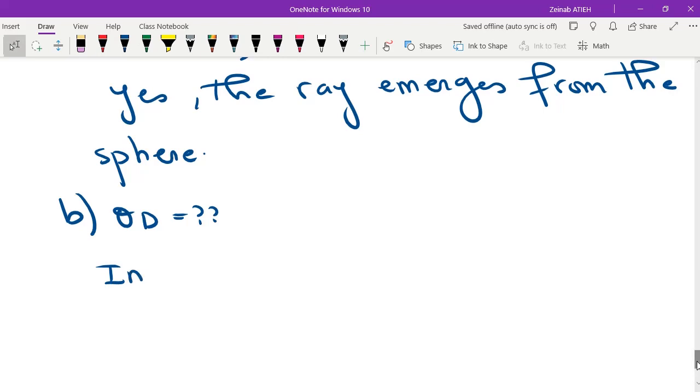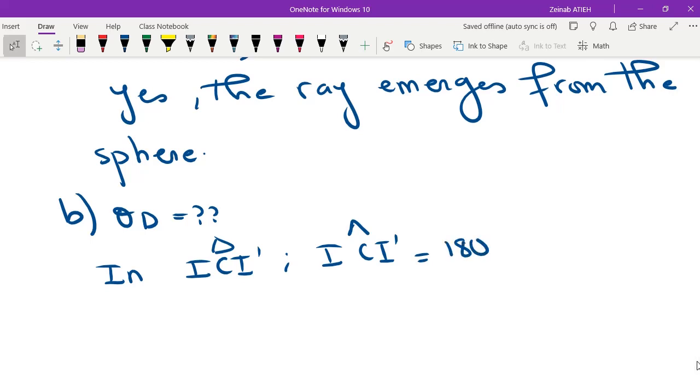In triangle ICI prime, the angle C is equal to 180 minus angle I prime minus angle I, since the sum of the angles in a triangle is 180.